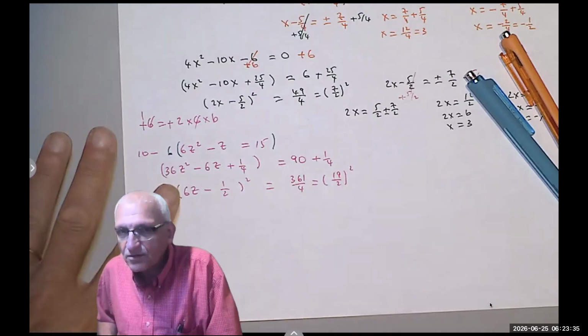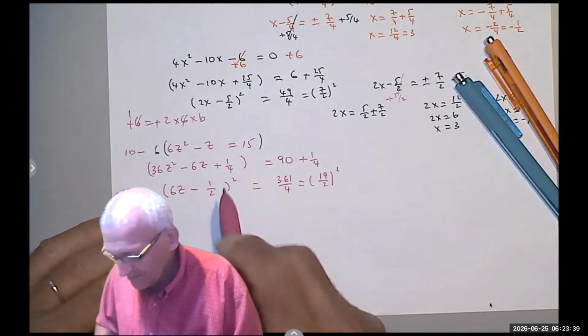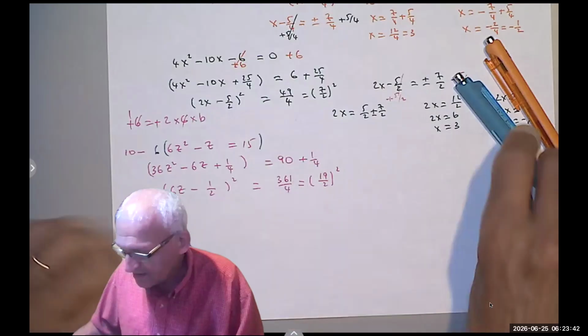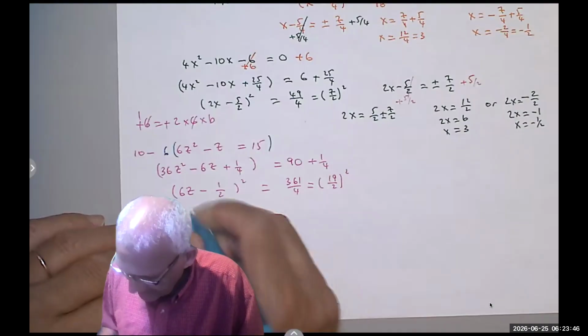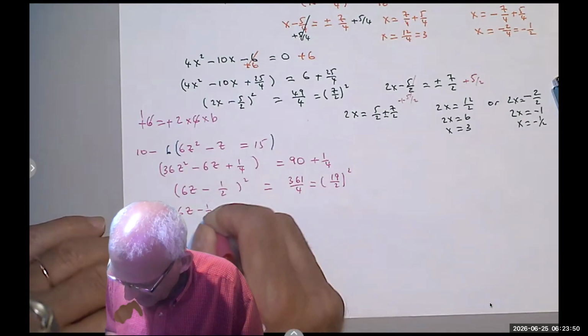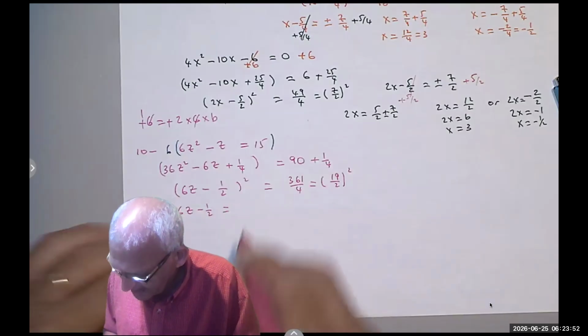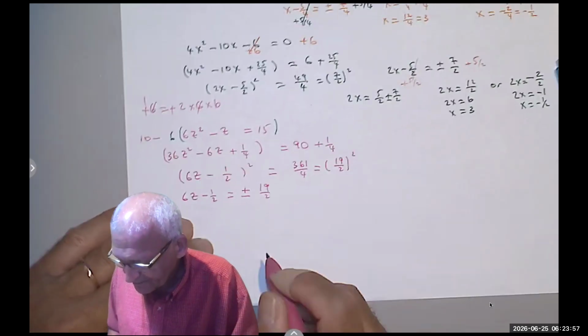Again, if it's confusing, stay with our method, but I believe if you get used to it, it's easier to make this a perfect square. So the left-hand side becomes 6z minus 1 half. The right-hand side is plus or minus 19 halves.